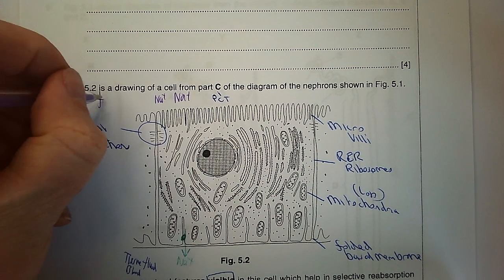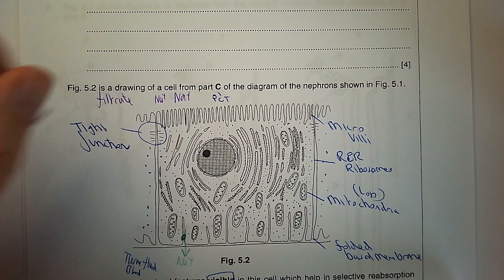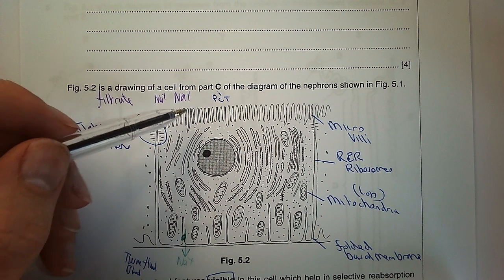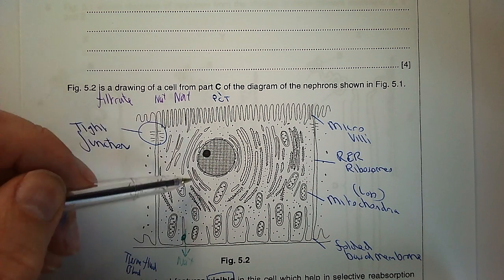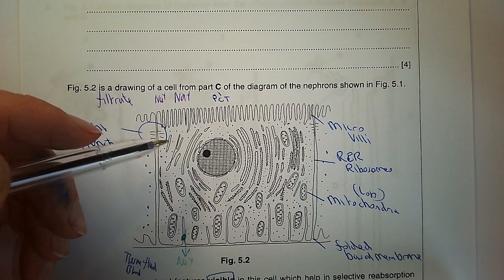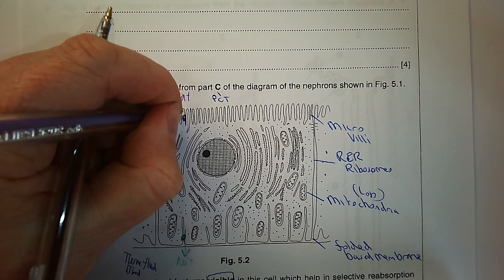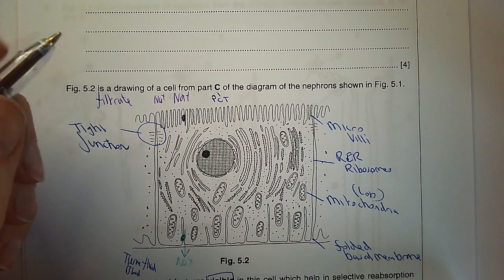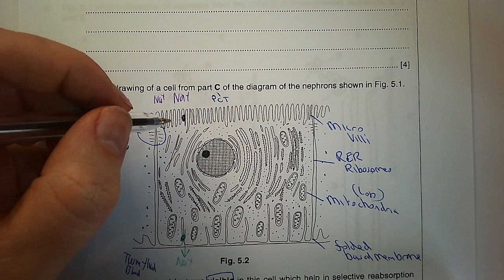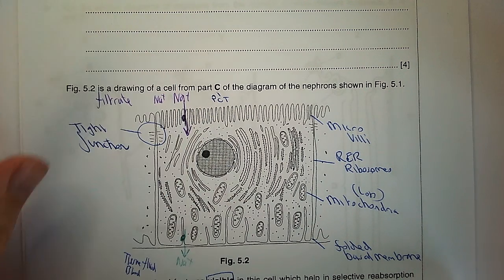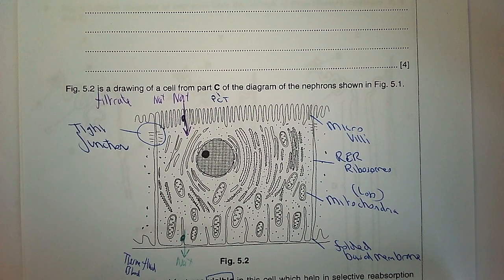So this is the filtrate that's come from the Bowman's capsule. So the sodium now will move into this cell by facilitated diffusion. So it moves through something called a co-transporter. So you've got co-transporter proteins on the microvilli, and the sodium then will move in down the concentration gradient by facilitated diffusion through a co-transporter protein.